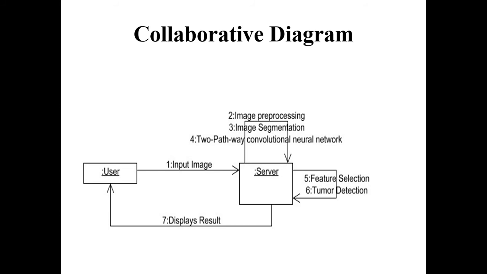Image segmentation is used to segment the images at different angles, and two-path convolution is used to train the algorithms and parameter setting, everything is done in that. And the feature selection, the local and global contextual features which we did, will give the features from every angle, from different sides of the images. And finally we can give the output with our tumor detection, whether the human has a tumor or not.